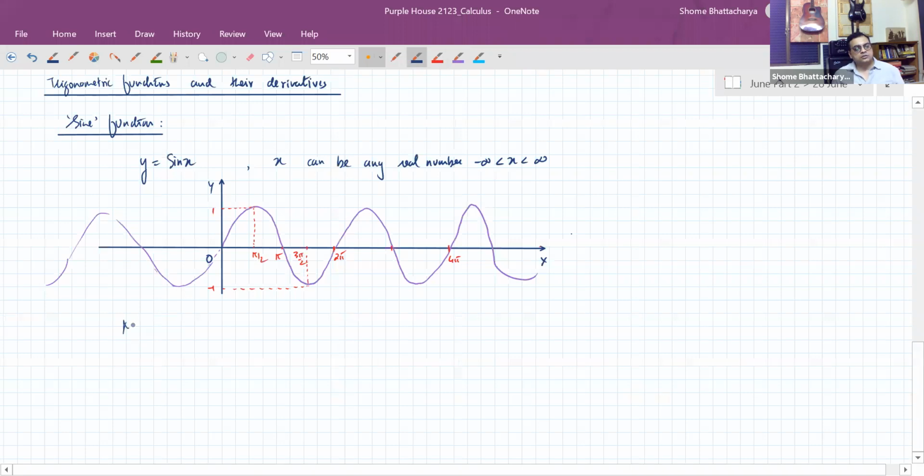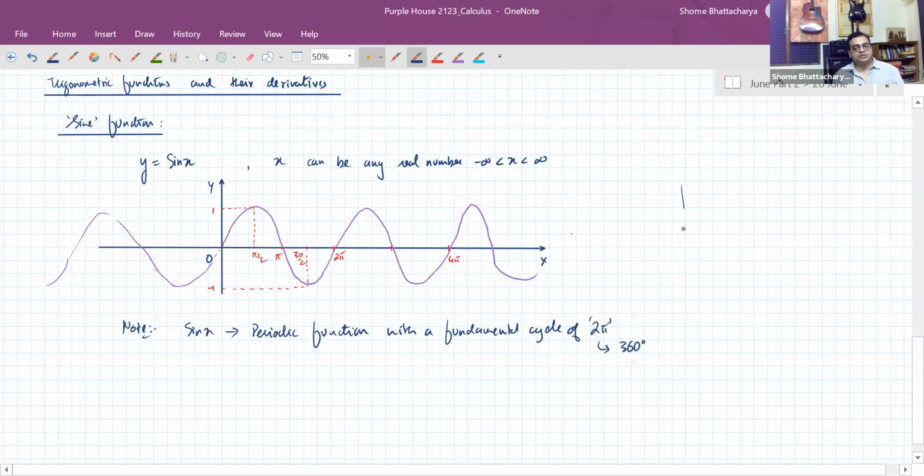So sine x is a periodic function with a fundamental cycle of 2 pi. 2 pi is the same thing as 360 degrees.